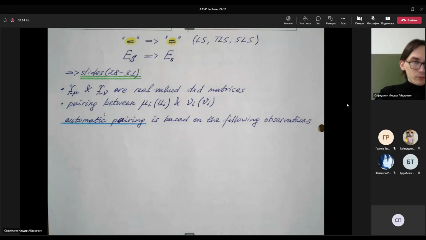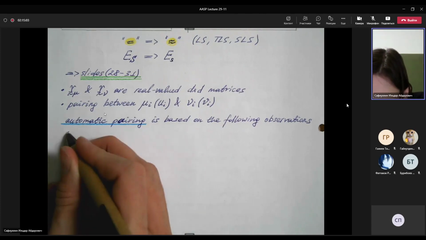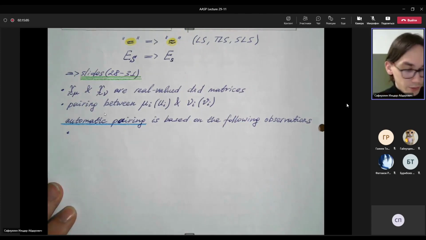So first, we have these real valued matrices. In this case, eigenvalues are also real values. But of course, sometimes we can get these complex conjugate eigenvalues. So first observation, eigenvalues are real valued.